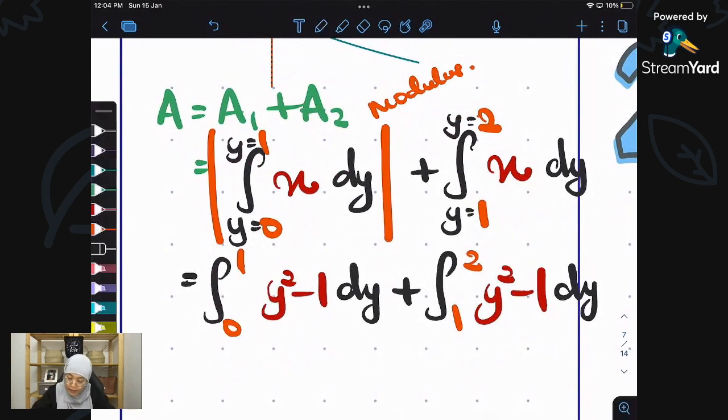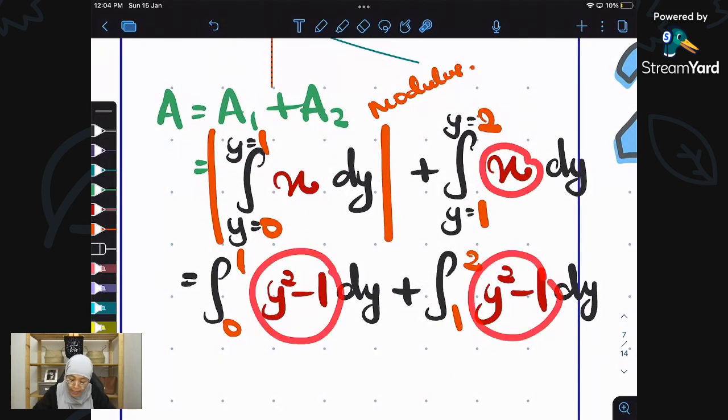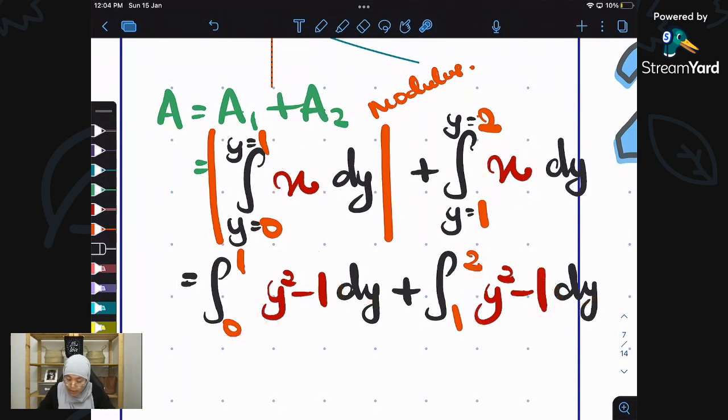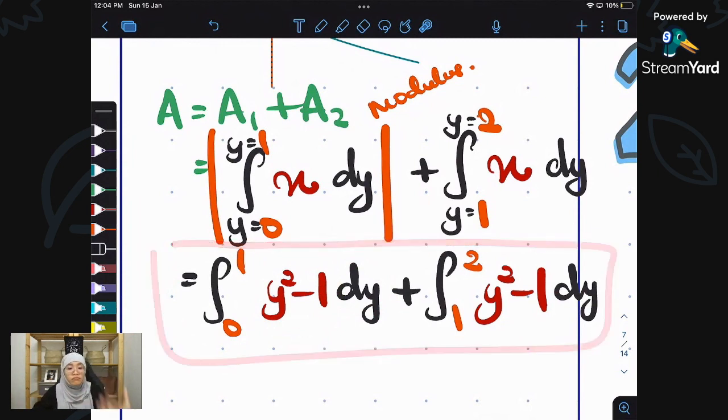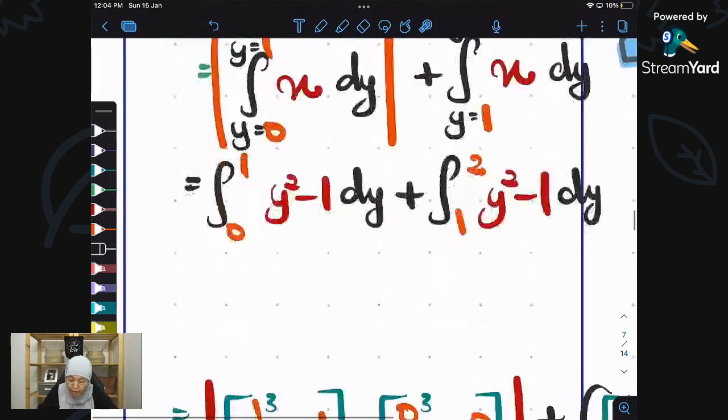Again ya, kenapa di sini adalah y squared tolak 1? It is just right now it has become the x function, jadikan x sebagai subjek, dapatlah everything is in terms of y. Okay, you see here, semua ni dalam y, dy, everything is in terms of y. And then here is y limit. Okay, make sure everything is in terms of y, barulah you confident yang you sedang on track. Okay, be careful on that.